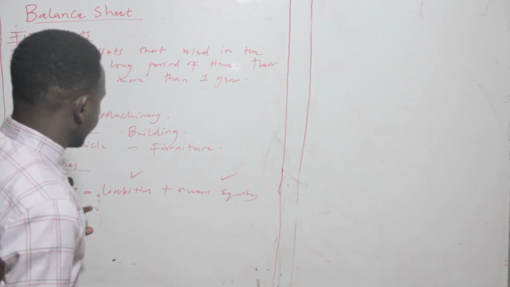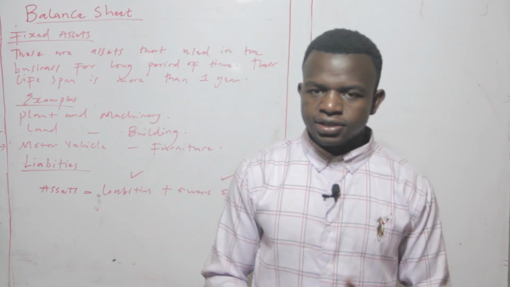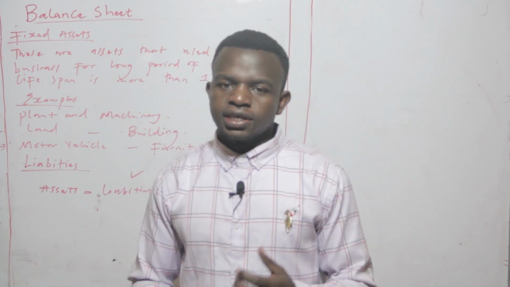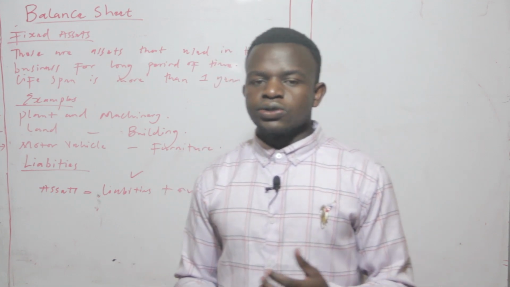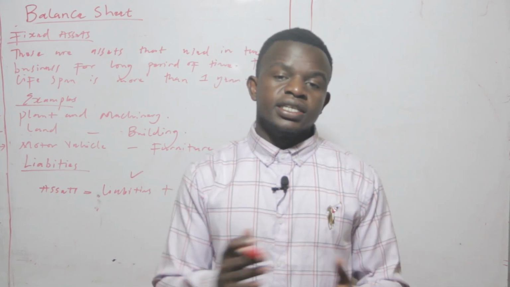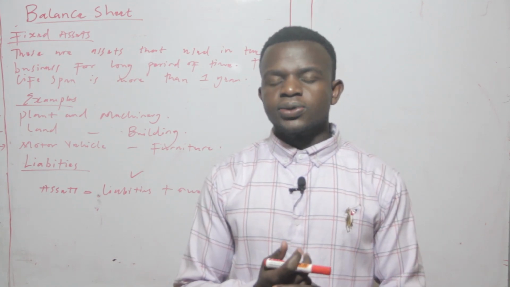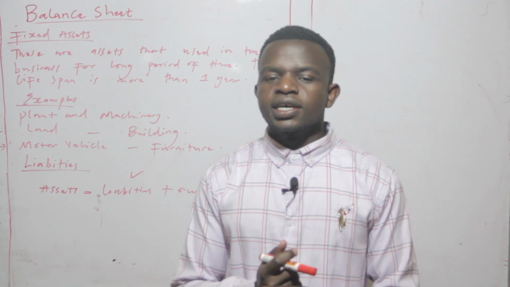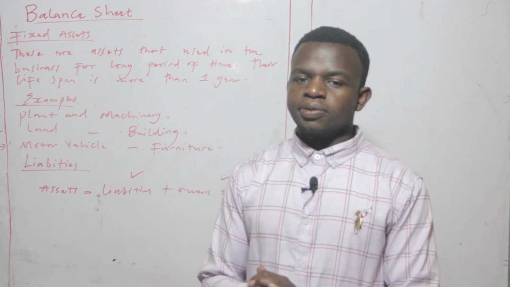The business will need the funds to purchase fixed assets such as land, buildings, machinery and plant, and furniture, but it also needs the money to finance the working capital, which is the funds needed for the day-to-day operation of the business.